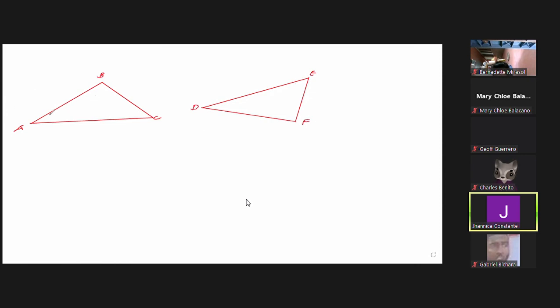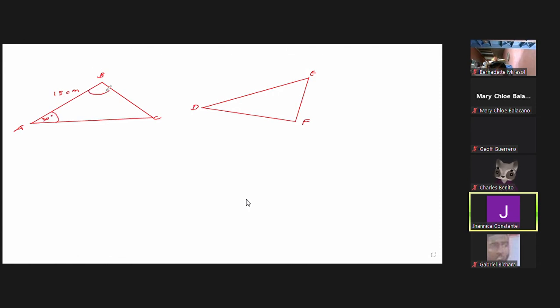So for example, side AB measures 15 centimeters. Angle A measures 30 degrees.